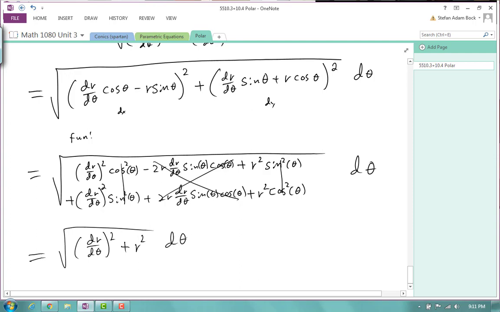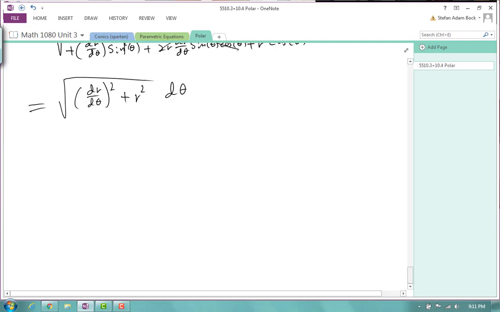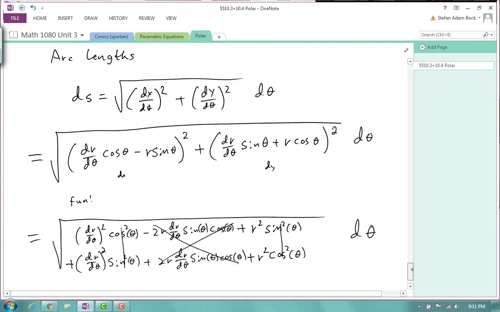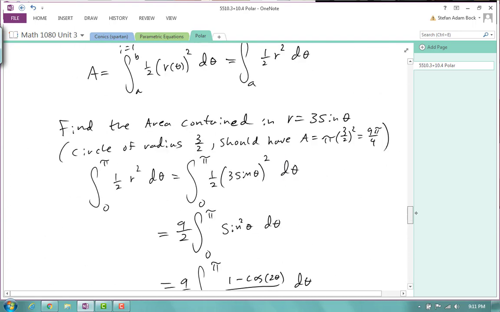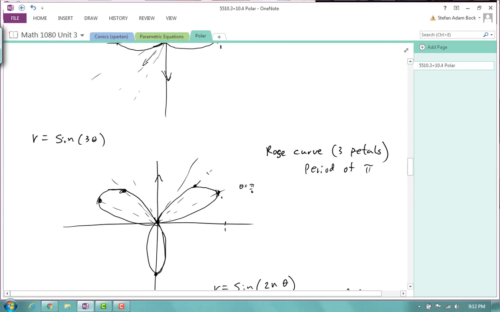That's my ds. So if I wanted the arc length, for example, of the top half of the loop of that rose curve, I should go back to the picture to verify my bounds. This top loop was drawn out from 0 up to pi over 3.